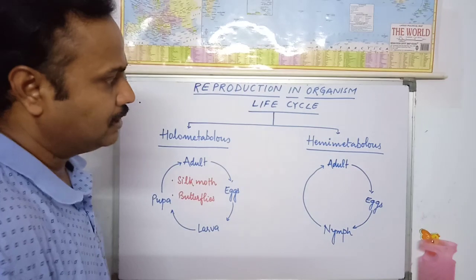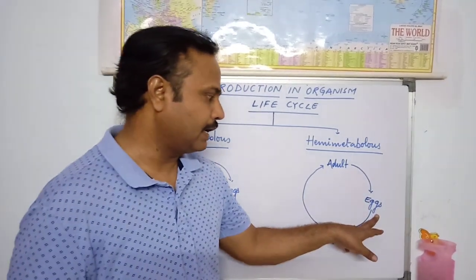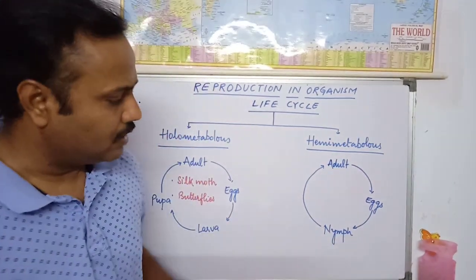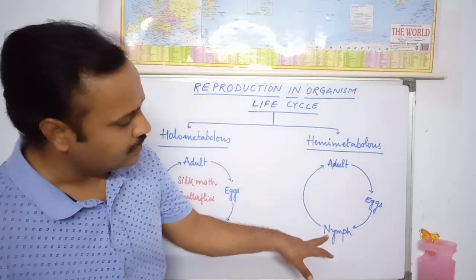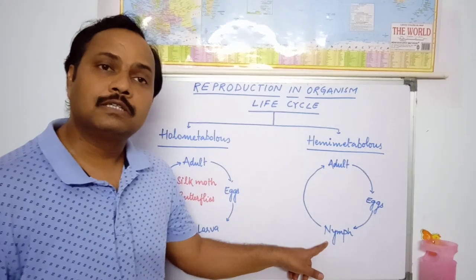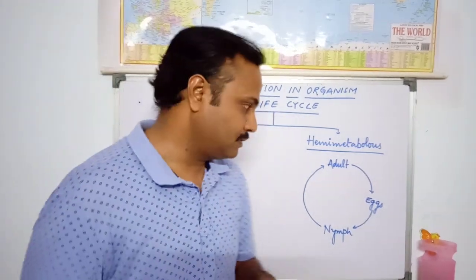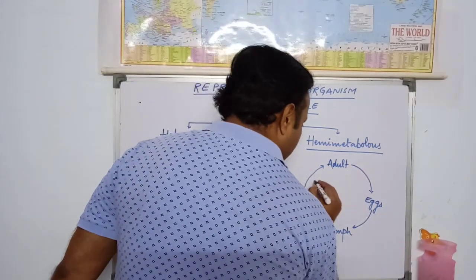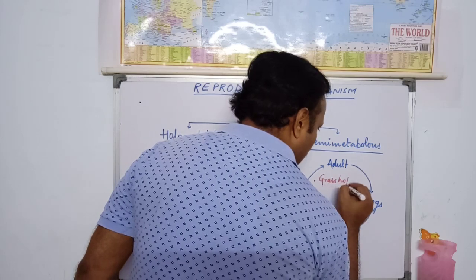So here there are only three stages: adult, eggs, and nymph. As I have already mentioned, there is no difference in morphology of the adult as well as the nymph, just the difference in the size. Now we take the example here. The example is grasshopper.